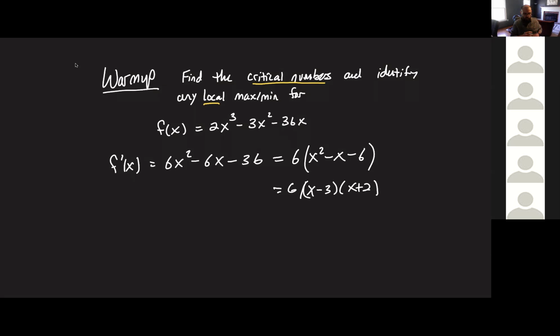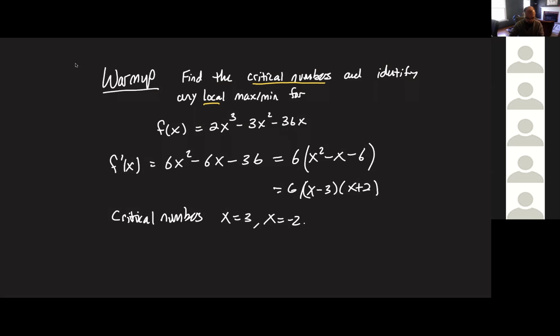And so when I look at this, this is my derivative, and it's always defined, and it has 2 zeros. So my critical numbers are going to be x equals 3 and x equals negative 2. All right, so critical numbers.